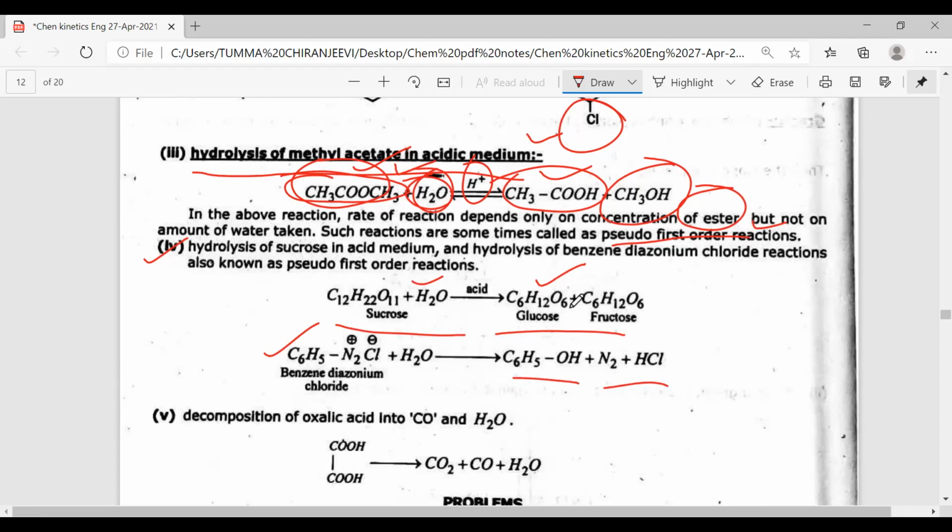When you observe these two reactions, how many reactants are there? Two reactants. In the first reaction, sucrose and water. In the second, benzene diazonium chloride and water.